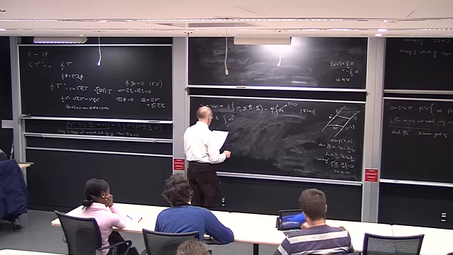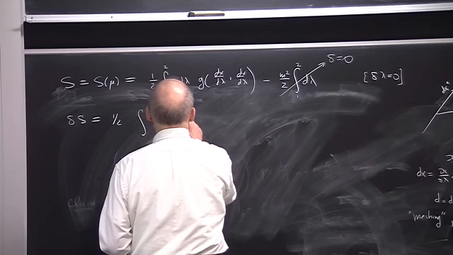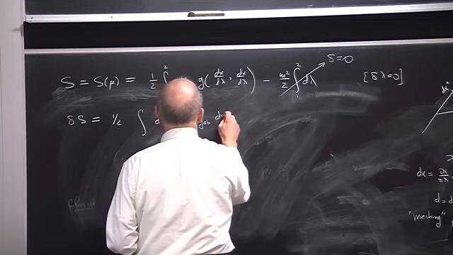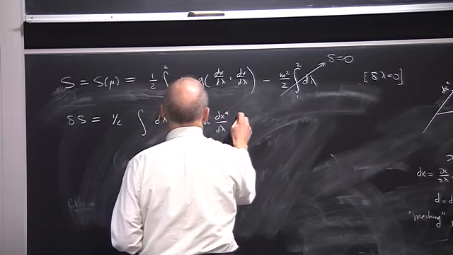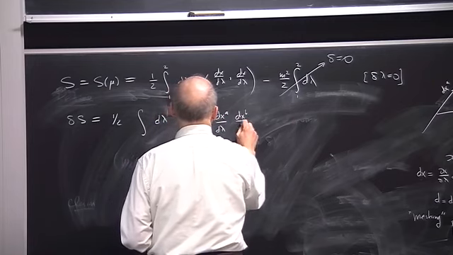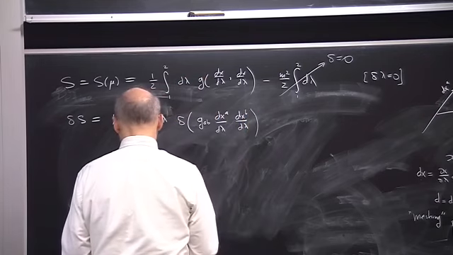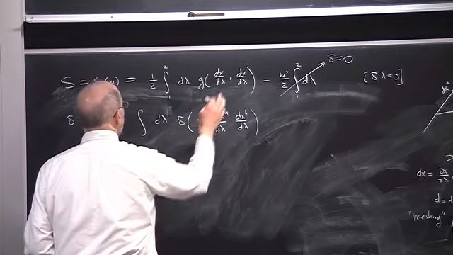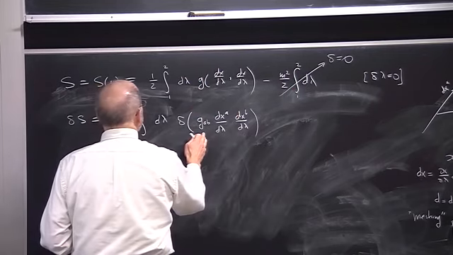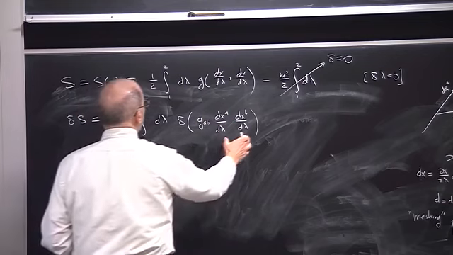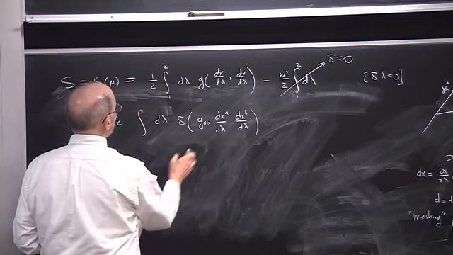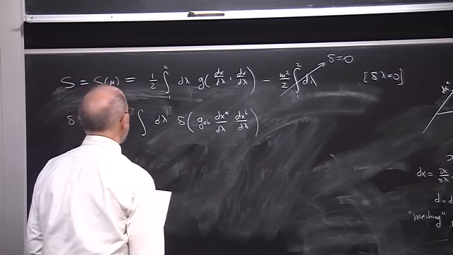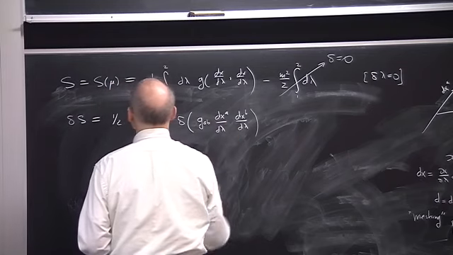So what I need to do then is just vary this expression here. If I write it out more fully, it'll be g_ab dx^a/dλ dx^b/dλ, and this term is gone. So obviously I'll get two types of terms. This is symmetric, so I'll get a contribution from varying the metric, and a contribution from varying the velocity vector here, and there'll be two of those.